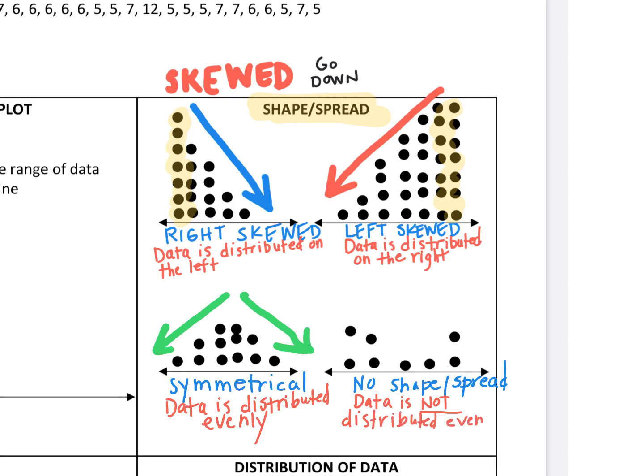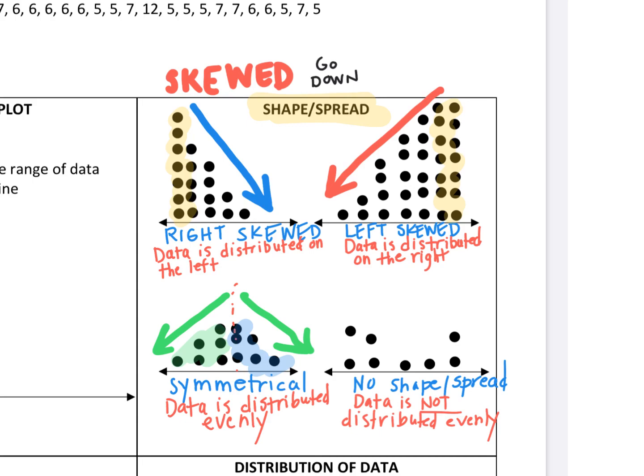So when we talk about how data is distributed, how it's laid out, you can talk about it being right skewed, which means there's less on the right-hand side. Left skewed, which means there's not very much on the left-hand side. Symmetrical, where it's basically the same on both sides. I could literally draw a line going down the middle, and both the left and the right-hand side would pretty much look the same.